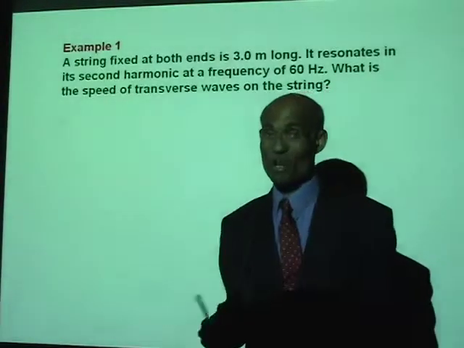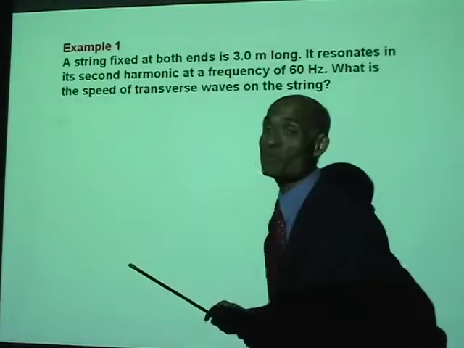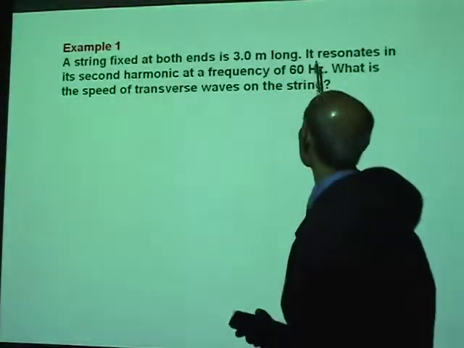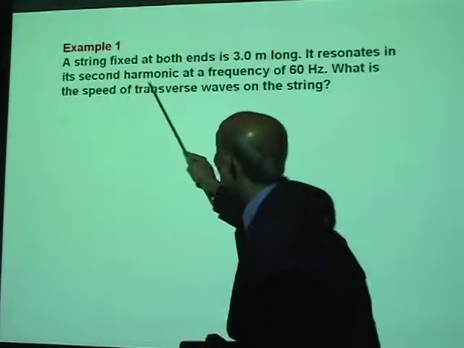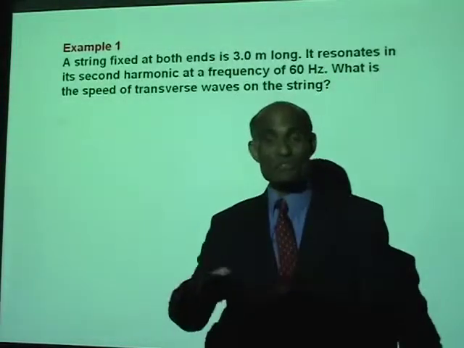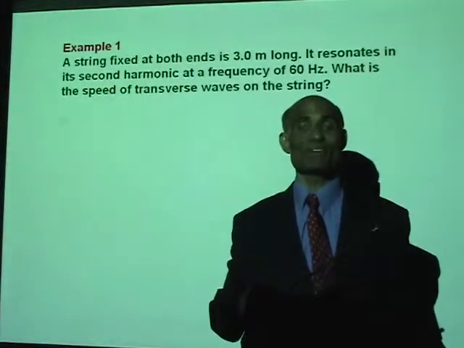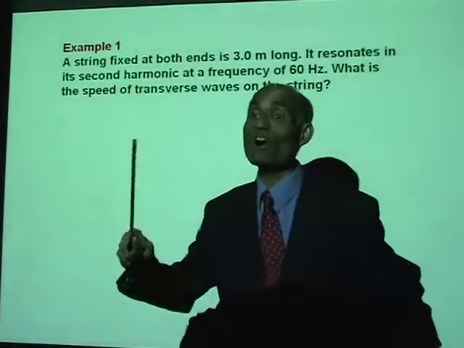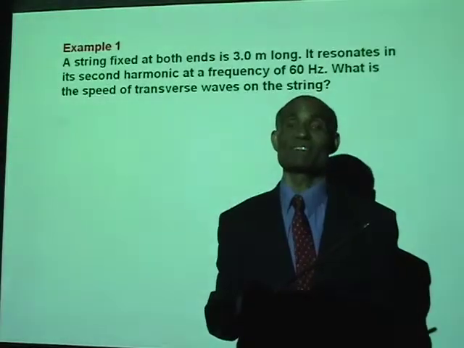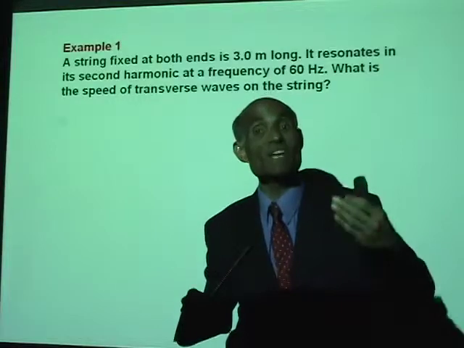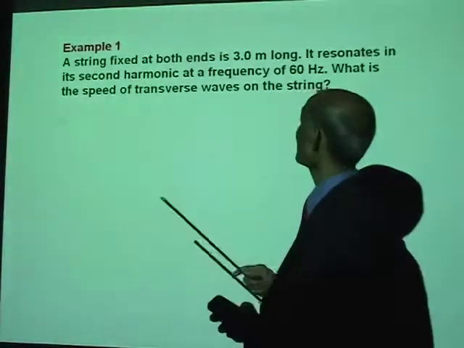Well, if you recall, the wavelength of the fundamental is 2 times the length. Okay, it resonates in its second harmonic. So the string is vibrating in its second harmonic. Alright, what is the wavelength of that wave? The wavelength for the second harmonic is the same as the length of the string.